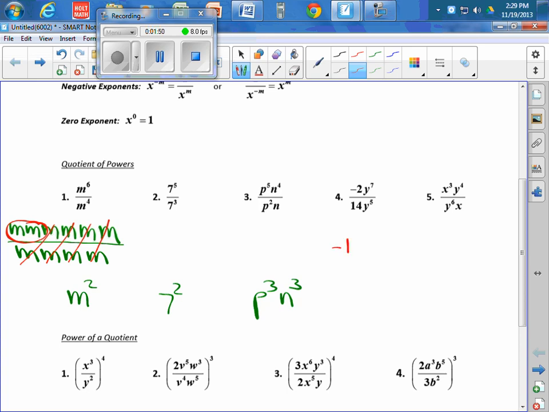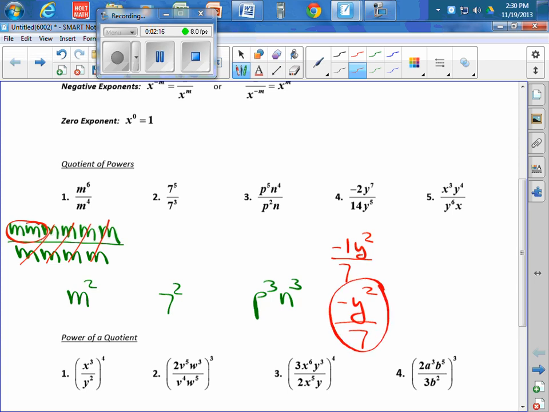Right, -1 over 7. Now we're going to take 7 y's and 5 y's and cancel them out. What's y to the 7th over y to the 5th? Well, 7 minus 5 is 2, so we're going to have y squared. So if you wrote it -1y squared, I would accept that, but I would prefer -y squared over 7 to be your final answer.